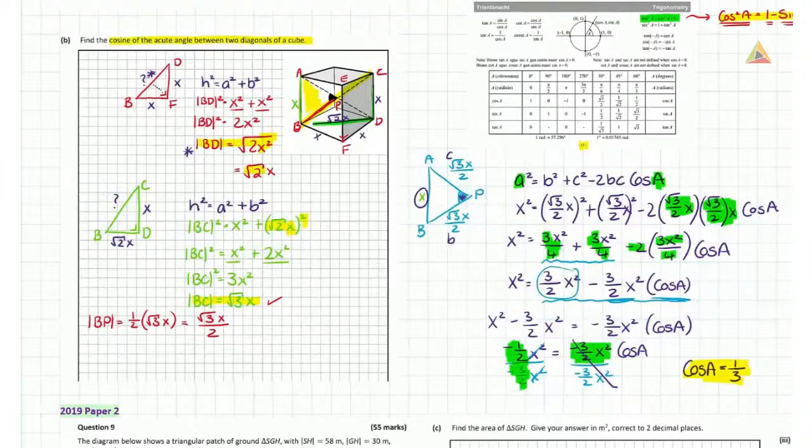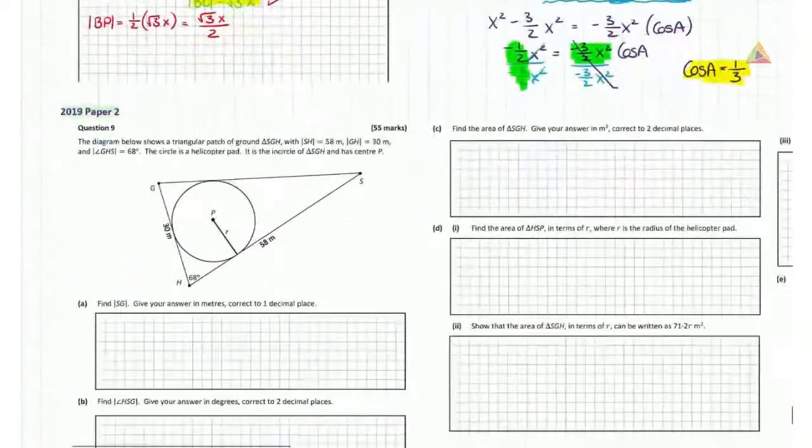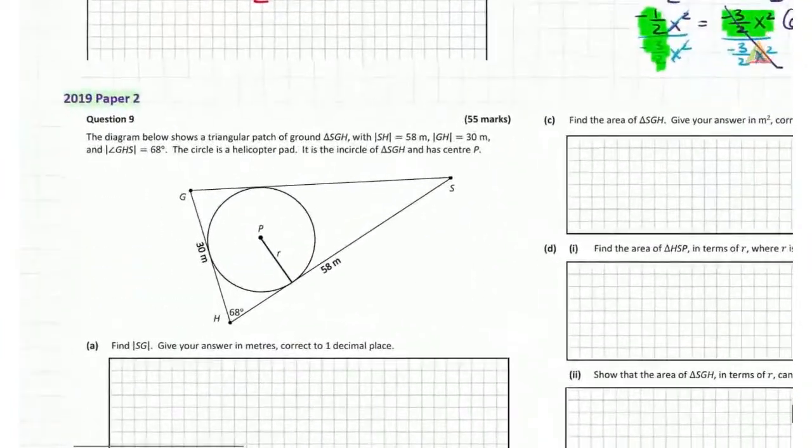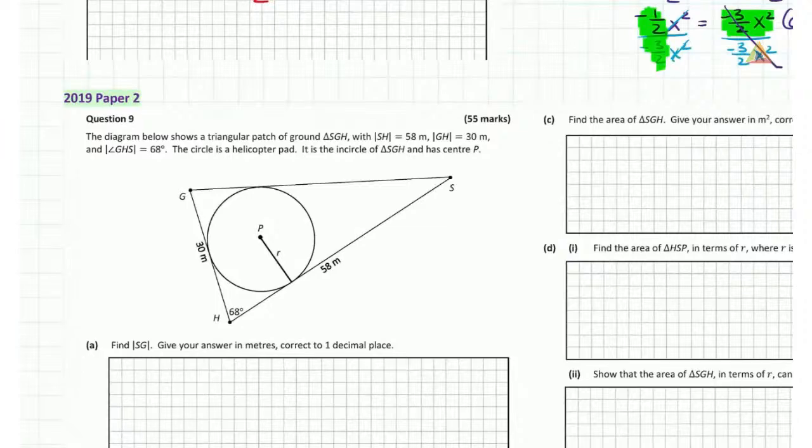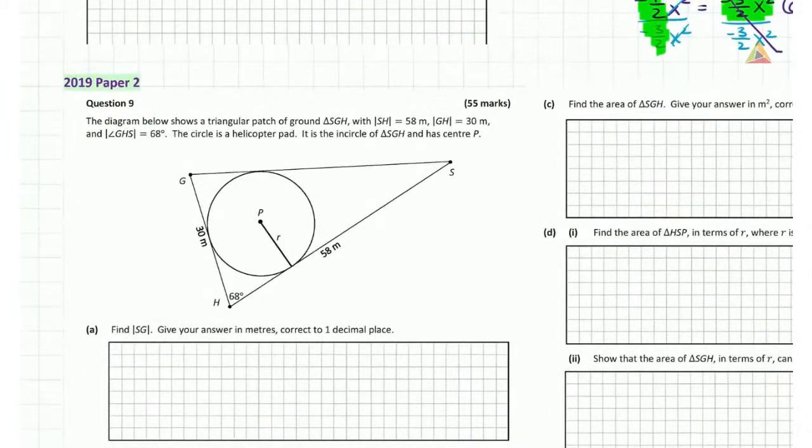Okay, so sticking with 2019, we're going to move on to a longer question from that year. This was looking at a helicopter pad. So this is 2019, paper 2, and this one was question 9.